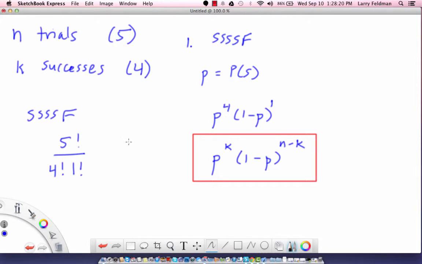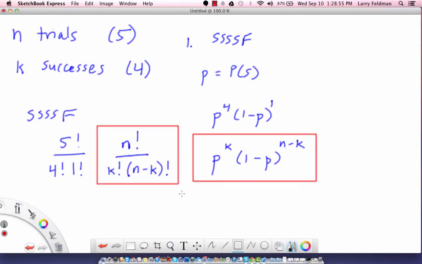Well, in general, we can generalize this to be n trials, n factorial, over how many successes were there, k successes, factorial, and how many failures were there. Again, there were n minus k failures, which looks like this. So all we had to do, let me highlight this. This is how many ways that the person could make k successes out of n trials.